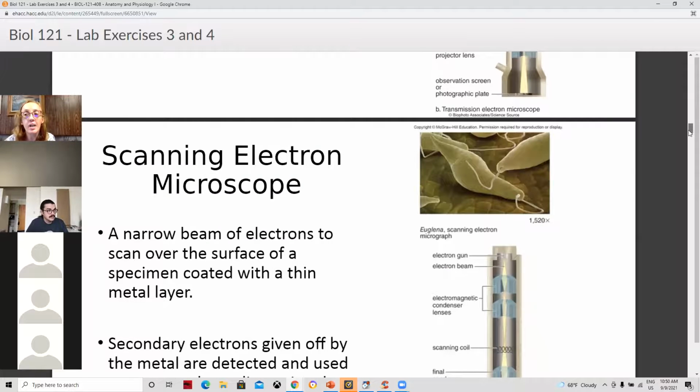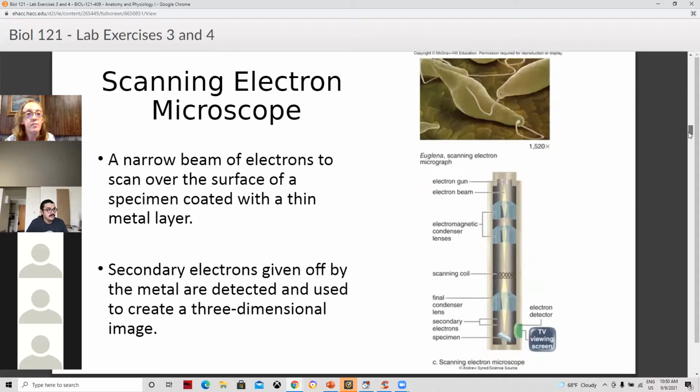In a scanning electron microscope, the electrons do not pass through the specimen. They get bounced off. So you scan a wavelength of electrons across your specimen. But in this case, your specimen is coated with a thin metal layer.